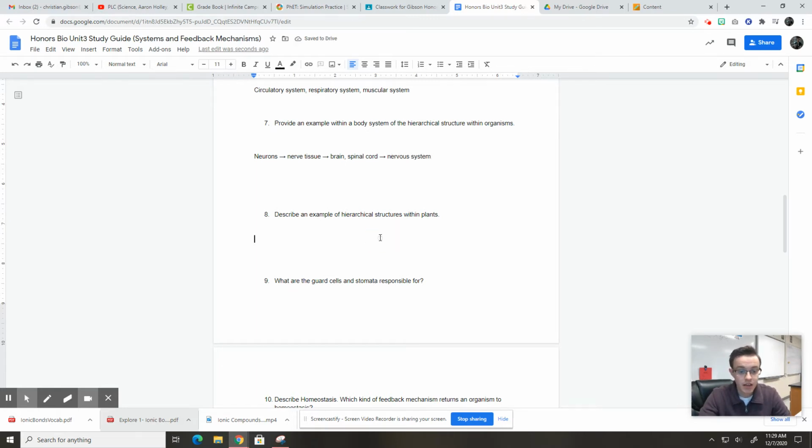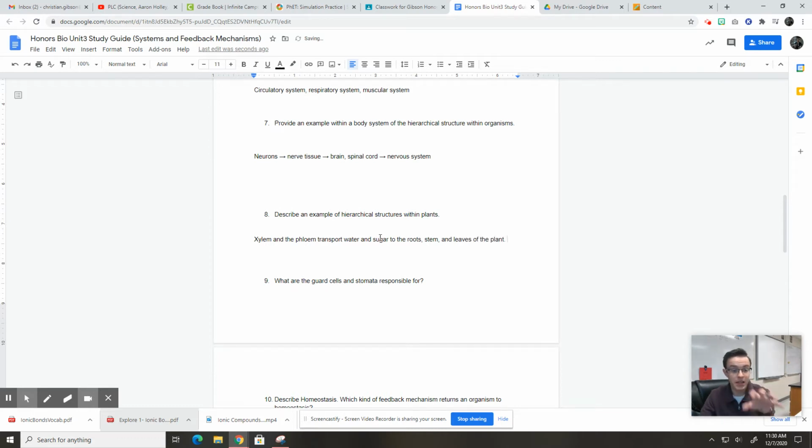Okay. Describe an example of hierarchical structure within plants. Okay, so maybe we just use a couple of different ones. So the xylem and the phloem transport water and sugar, respectively, so in that order, to the roots, stem, and leaves of the plant.